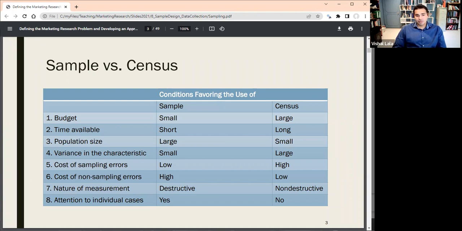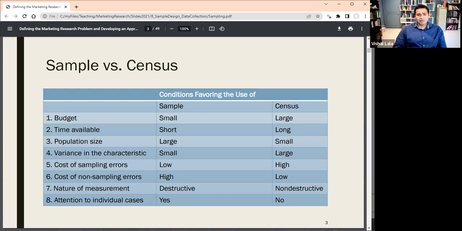In doing so, those 20 light bulbs are going to be lost. On the other hand, if they were to do the same thing, checking the life of the light bulbs for the population, it would mean losing all the light bulbs in the store, which would mean there would be no light bulbs left to sell. So clearly, when the observation unit is destructive, it makes sense to use a sample.